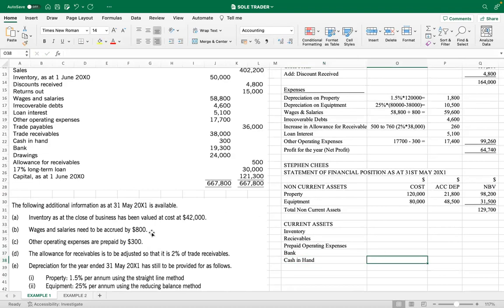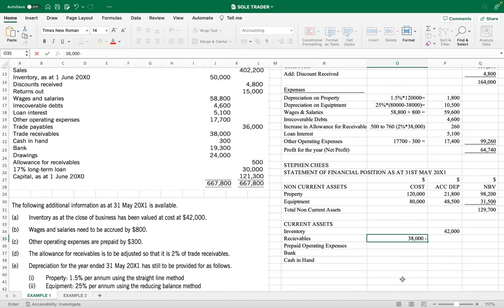So let's start with inventory. Our inventory is 42,000. And then receivables. Our trade receivables was 38,000. But remember, there was an allowance at the end of the year.